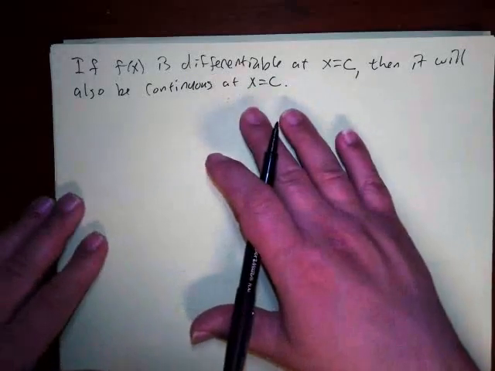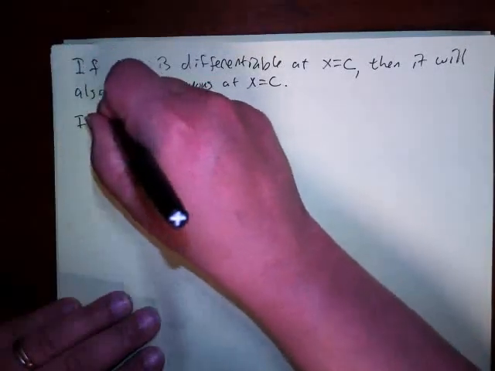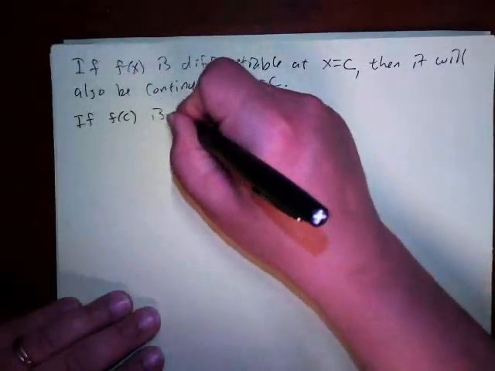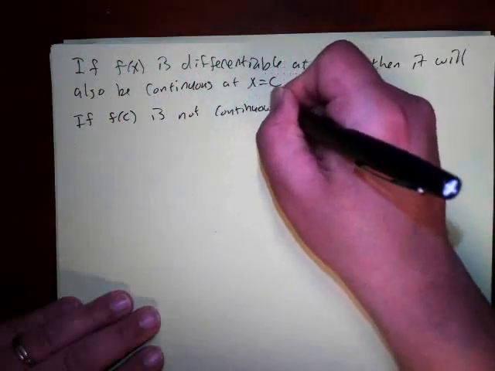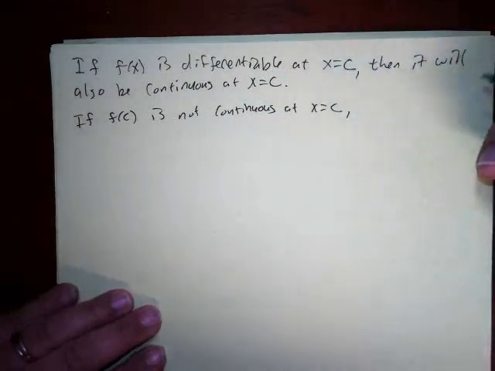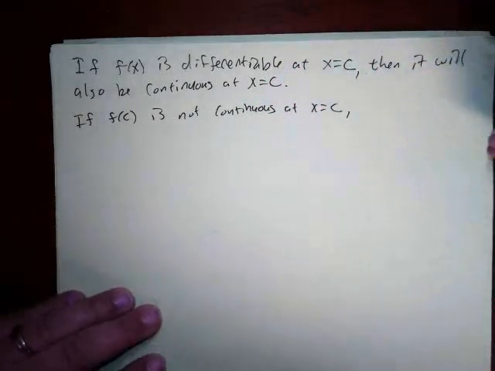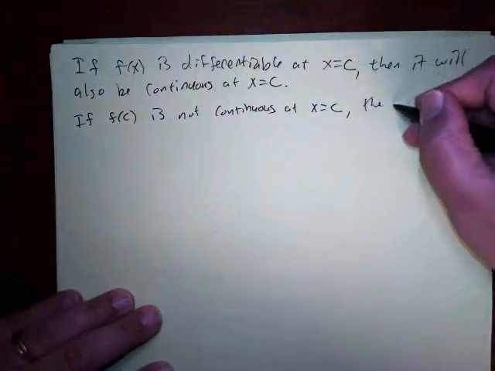But what this does say is that if f of x is not continuous at x equals c, then it's not differentiable there. Because if it were differentiable, it would be continuous, right?